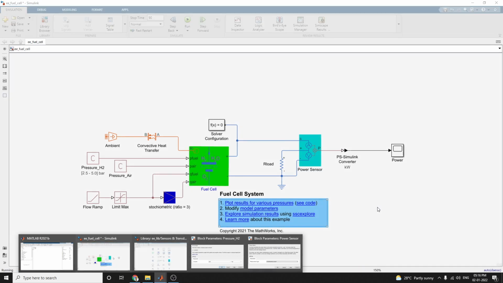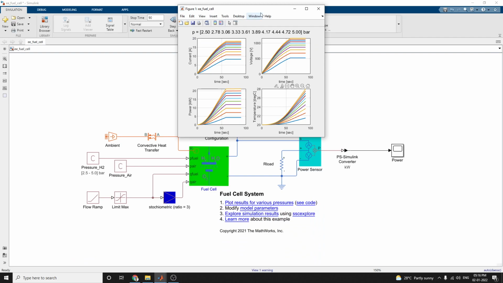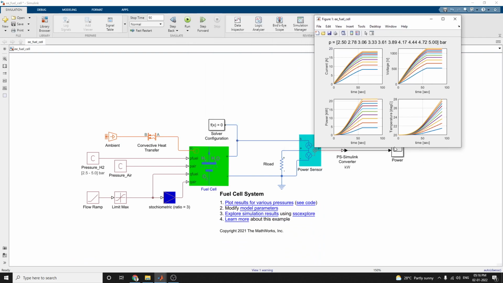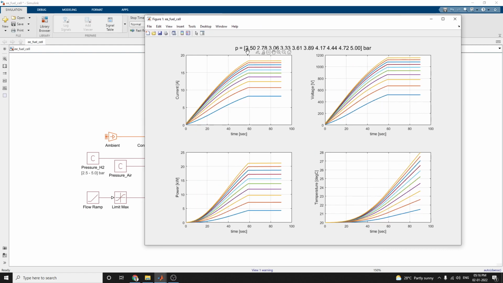Let us see the output. This plot shows the time evolution of the current, voltage, power and temperature for pressure between 2.5 and 5 bar.